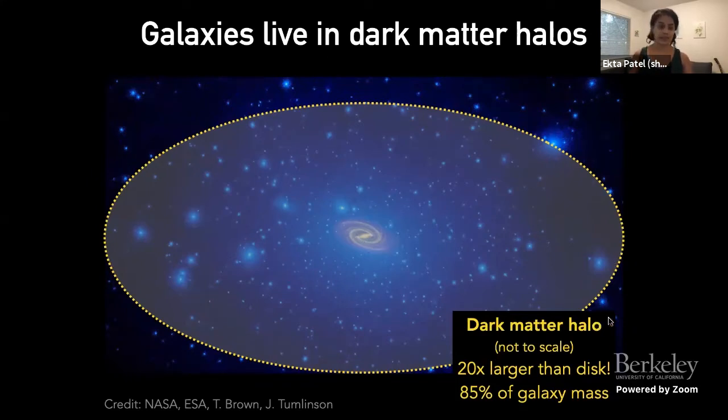This is not exactly to scale, because to make it to scale, you would barely be able to see this central galactic disk in the center. But to give you an idea of what the real ratio of those two things should be, for galaxies around those like our Milky Way, the dark matter halo's radius is about 20 times larger than that of the central galactic disk, like what I'm showing here.